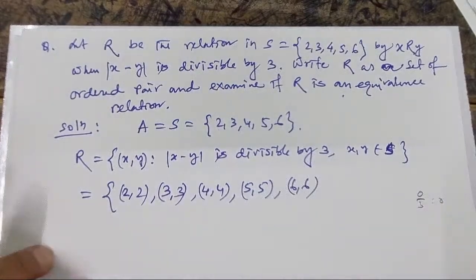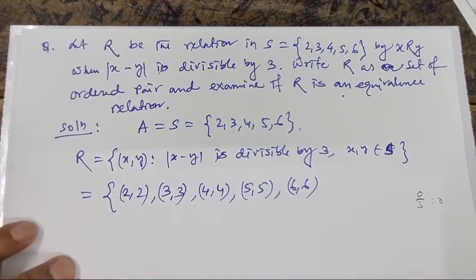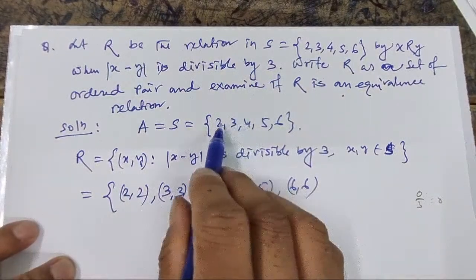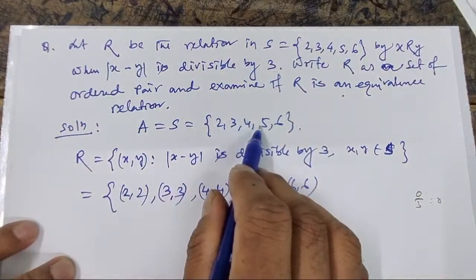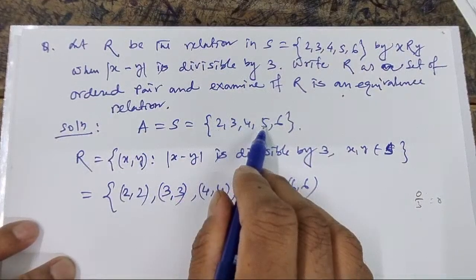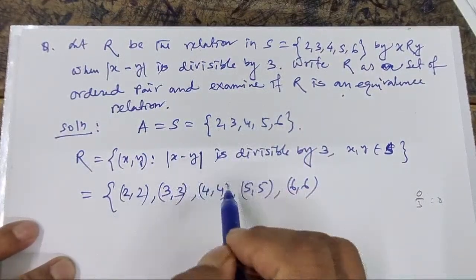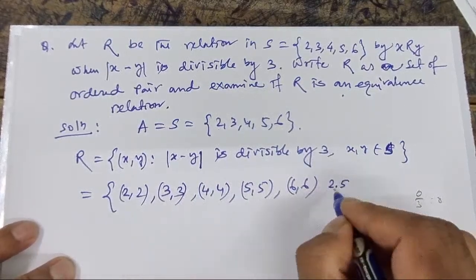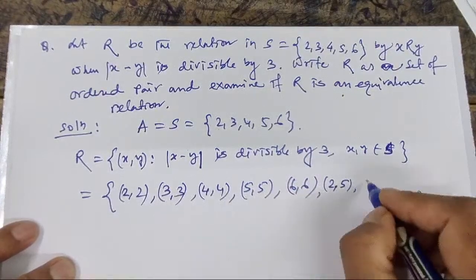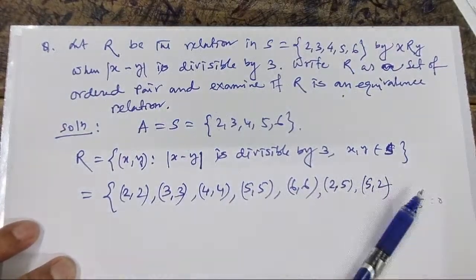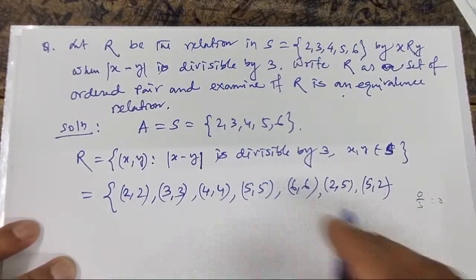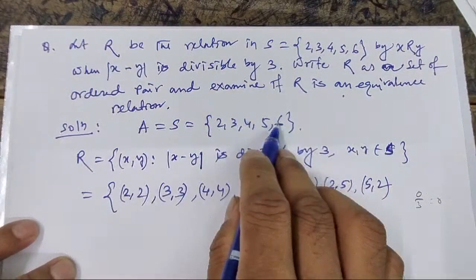That means in the first case you got all of them. Next, 2 minus 3, no. 2 minus 4, no. But if I take 2, 5, that means 2 minus 5 is minus 3, and the modulus is plus 3, divisible by 3. So we can write (2,5), and also (5,2), the opposite also. Next, with 2, 6, not possible.